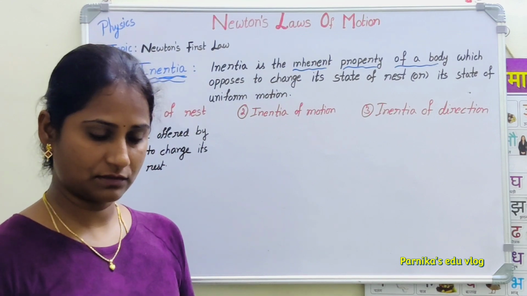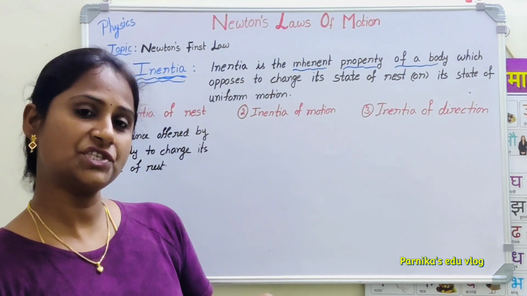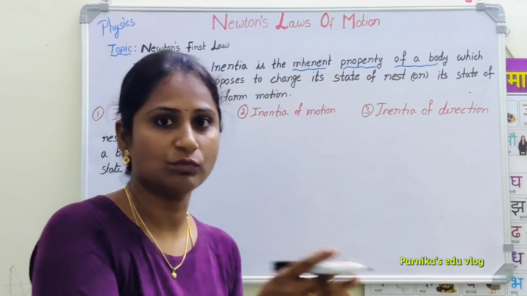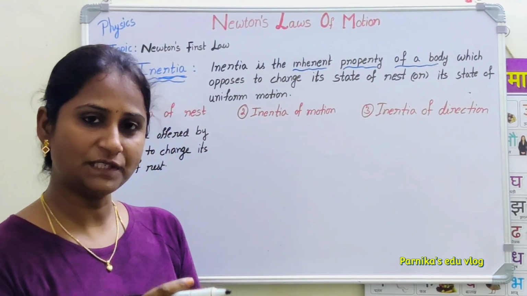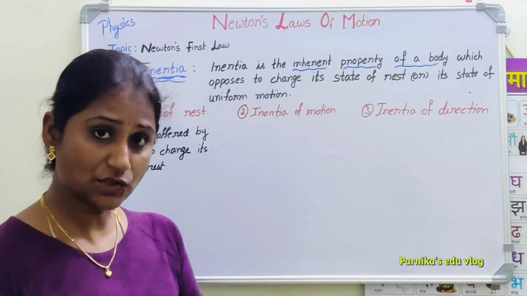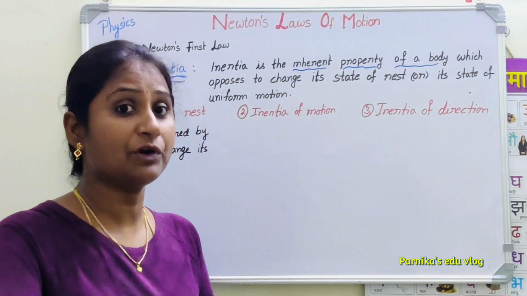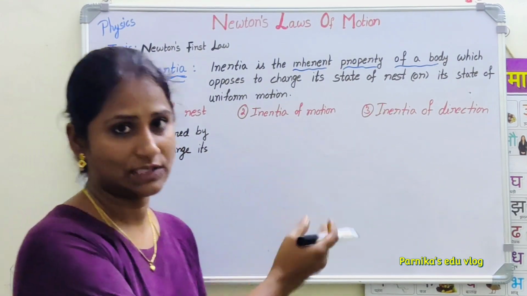Before, it was at rest, and now it opposes the change from rest to motion. So if any object offers resistance to changing its position from rest to motion, that type of inertia we call inertia of rest.